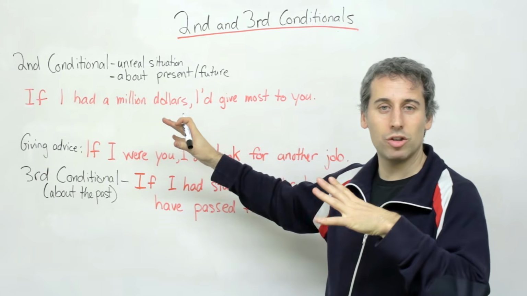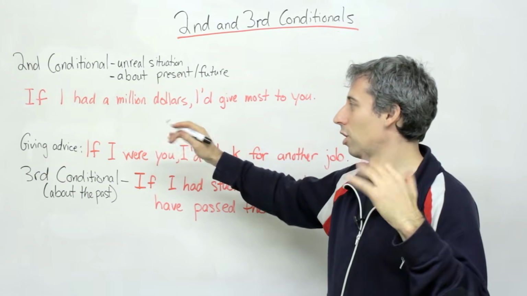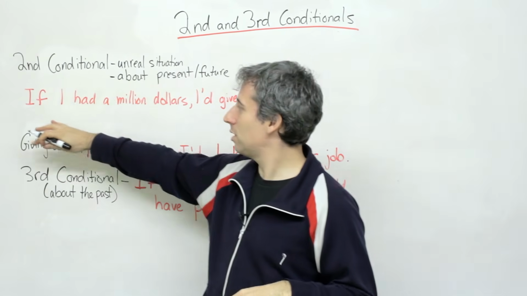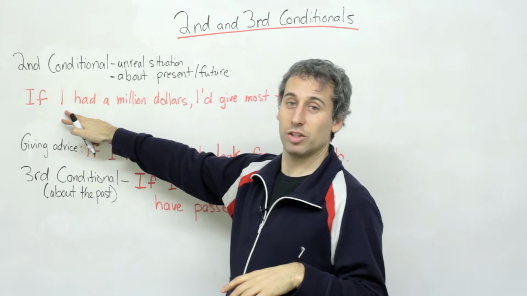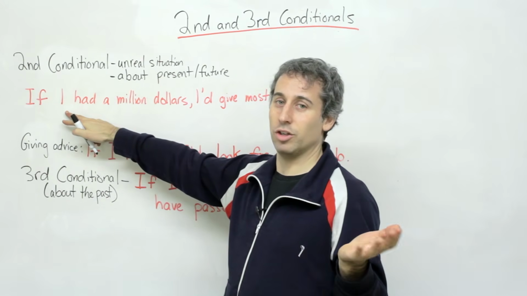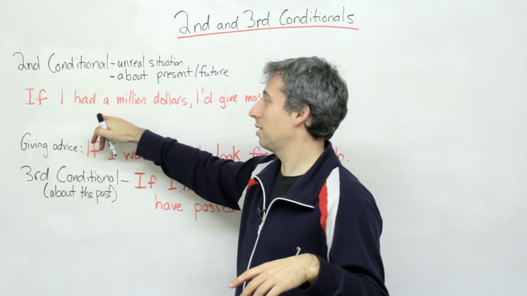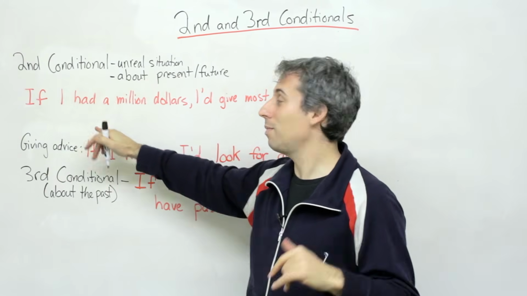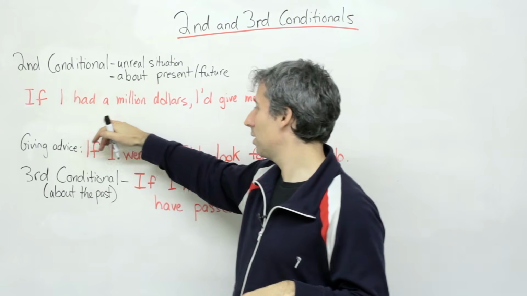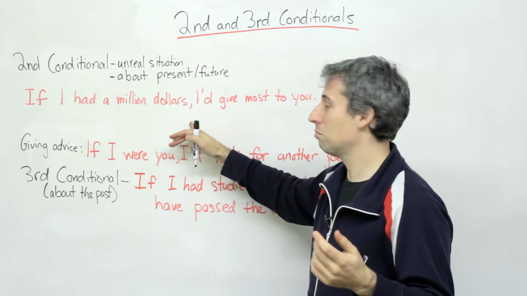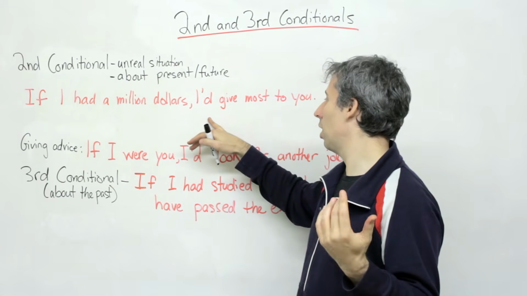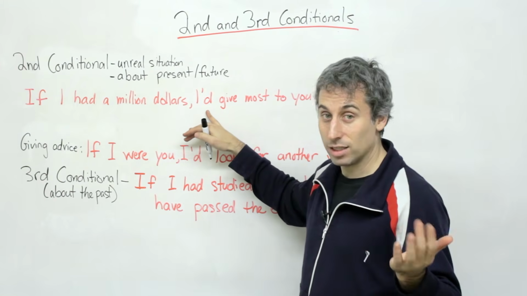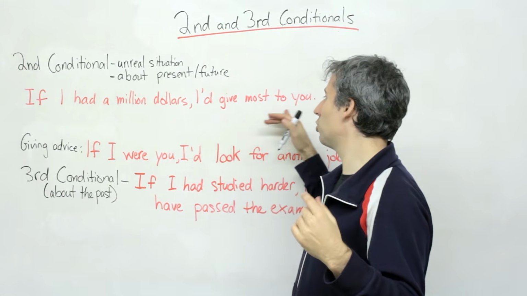So the other thing is the structure. There are two clauses here. If plus the subject, could be I, he, she, plus had, that's right, past tense, simple past. You know, $1 million, comma. I, and this is would, or could, or might as well, give most to you.